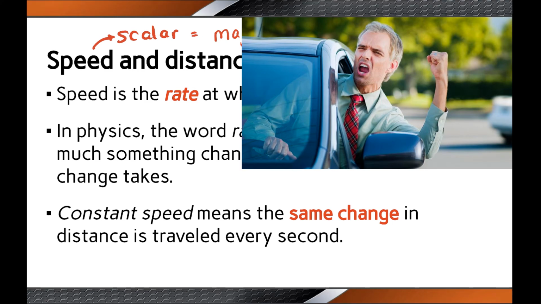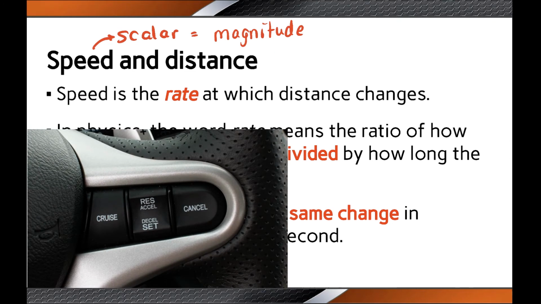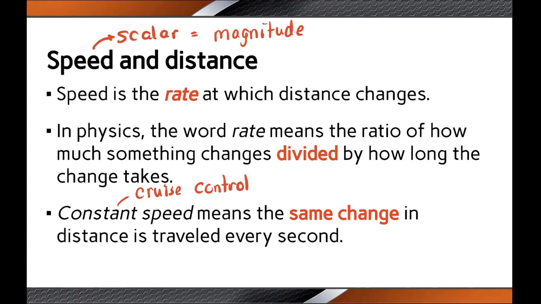So if you are in your car, what would you need to do to get a constant speed? Well, the easiest thing would be to turn on the cruise control. If you turn on the cruise control, you're going to maintain a fairly constant speed. You're going to have a very similar speed for every single second that you're driving.